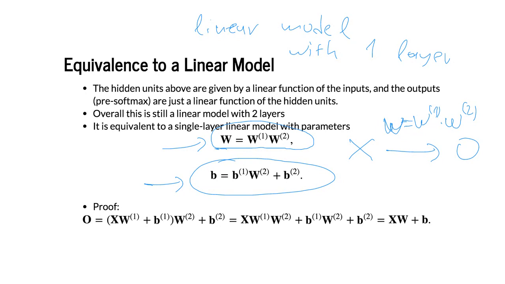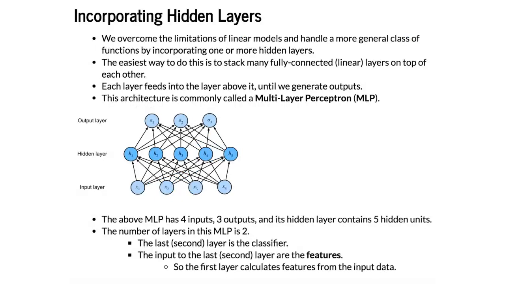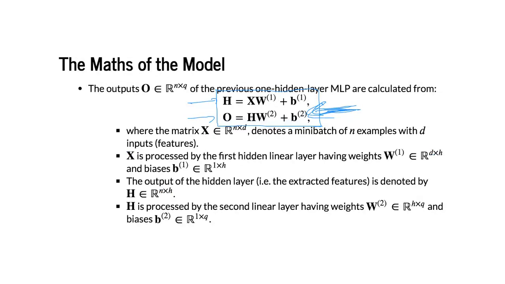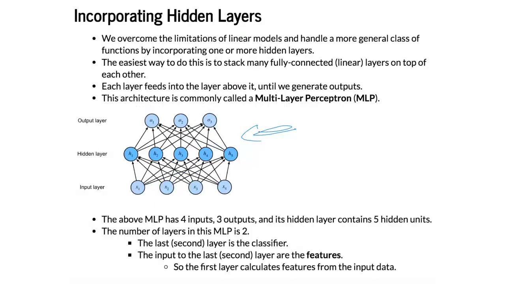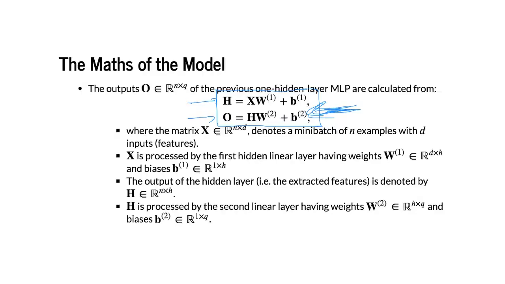So to avoid that, we introduced a two-layer architecture, which is the architecture over here, where each layer is a fully connected layer, or a layer that is described by a matrix multiplication. So this two-layer architecture is described by these two matrix multiplications.